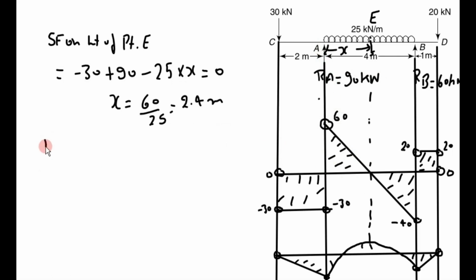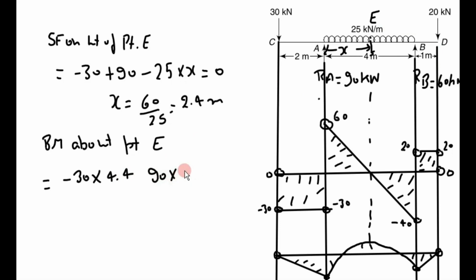Now calculate the bending moment about point E. So this will be the maximum bending moment. First load is 30 kilonewton, at a distance of 2 plus x. So x is 2.4, so 2 plus x is 4.4 meter, and it tends to rotate the beam in anti-clockwise direction. Next one is RA. RA is 90 into 2.4, it tends to rotate the beam in clockwise direction.